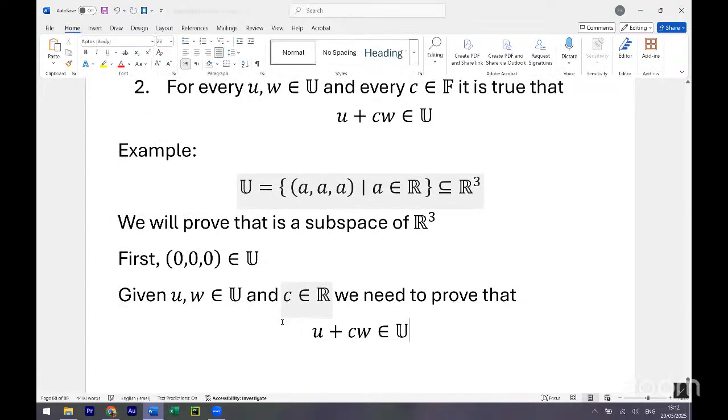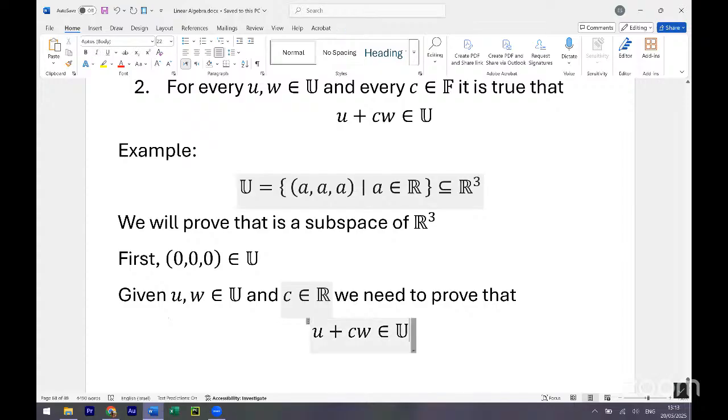How do we prove that? What is U? If U is within the subset, what does it equal to?